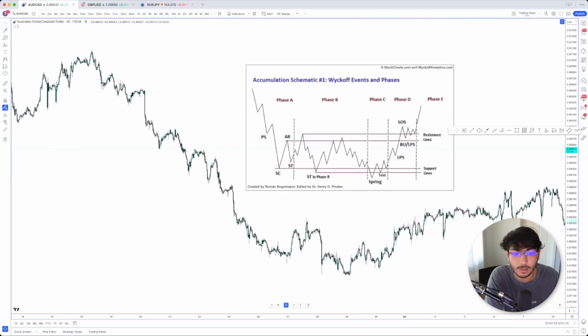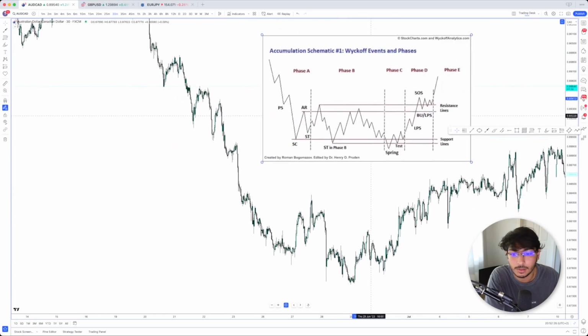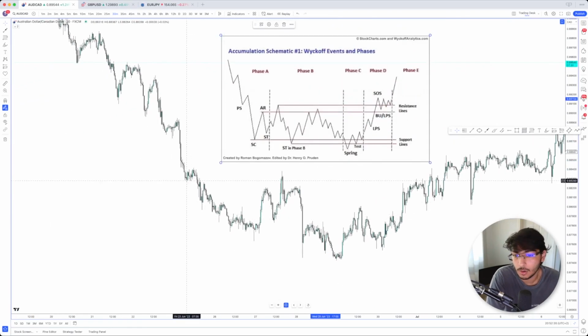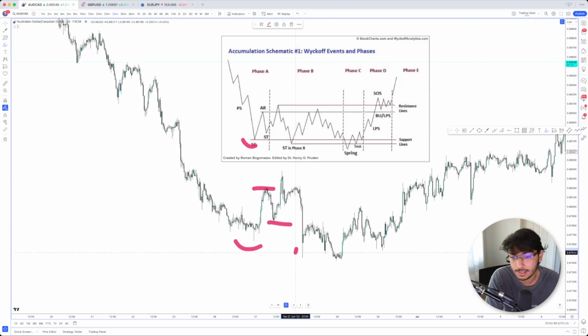So just think with me here, and let's do this together. My initial thoughts were we have a selling climax, we had a rally, an automatic rally. I looked at this as the secondary test. I looked at this as either the spring or the ST, and then this was one more move down.